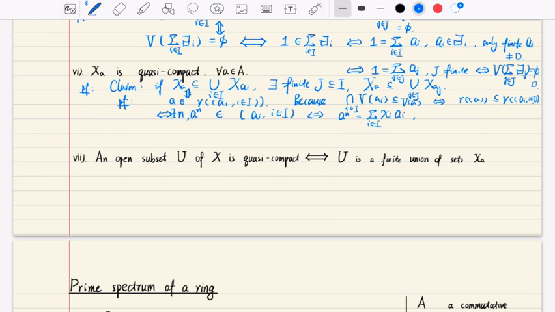And to make this formula meaningful, we need to assume only finite xi is not zero, and we can find a finite family of I such that A^n can be decomposed into the summation, and we are done.